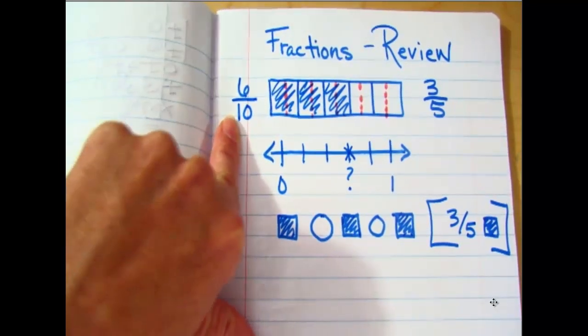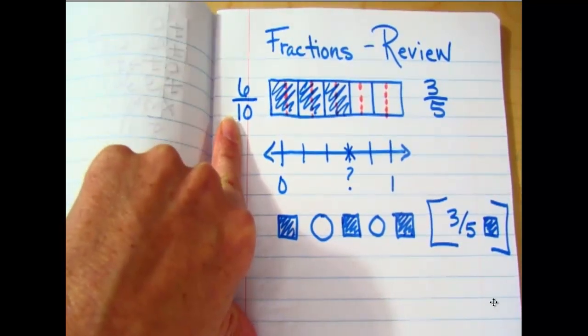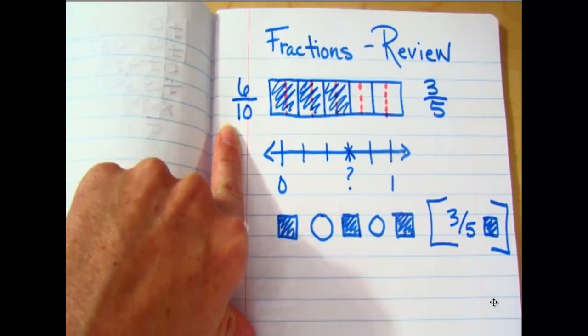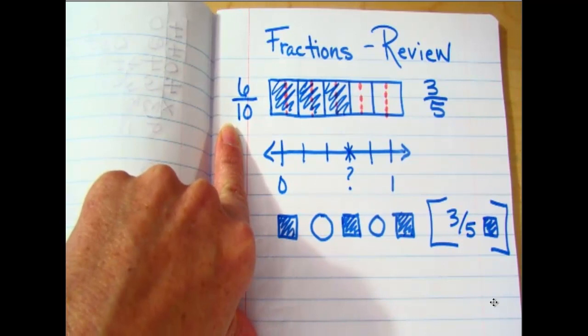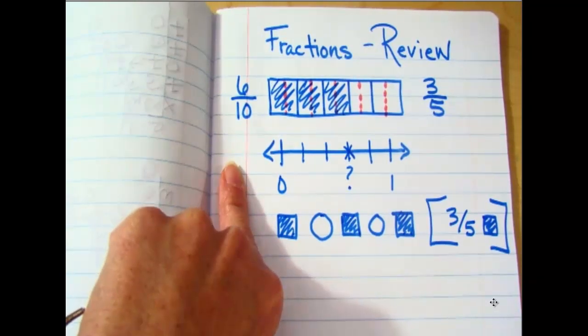Did I change the amount that's in my bar? No, what did I do? Did I multiply it by 2? Multiplying it by 2 creates another bar with 3/5 in it. What did I do? I divided by 2.